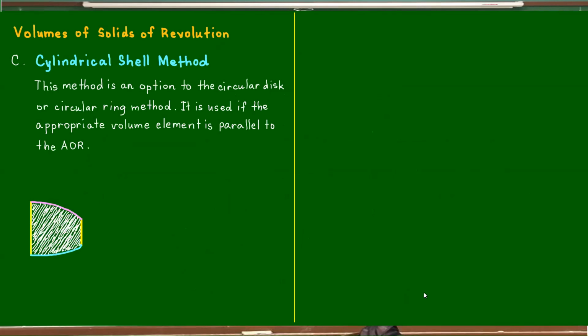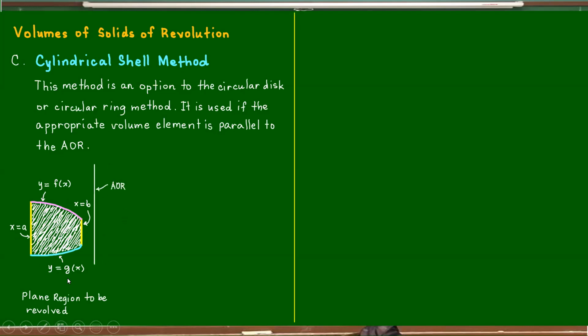Let us consider this region, bounded above by y equals f of x, below by y equals g of x, on the left side by the vertical line x equals a, and on the right side by the vertical line x equals b. So this is the plane region to be revolved about this axis of revolution.